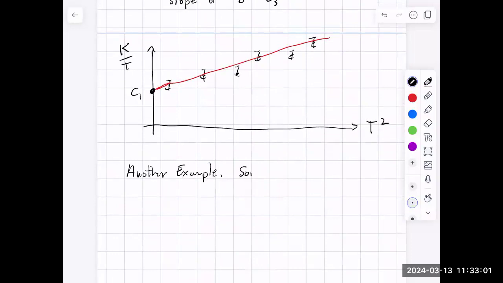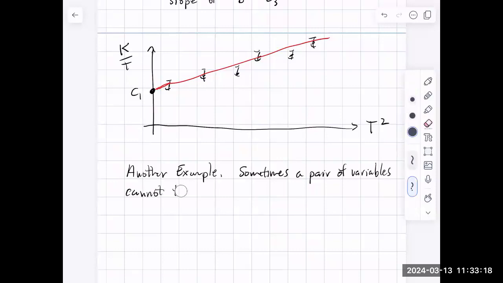So sometimes a pair of variables cannot be strictly linearized.